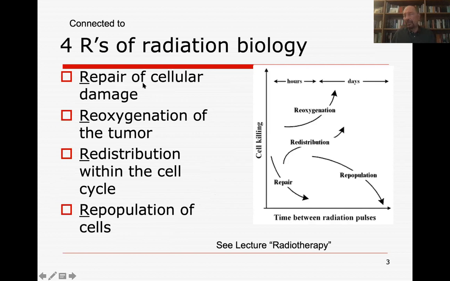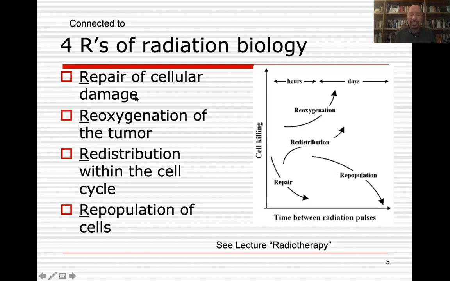Repair of cellular damage is the first R, so the fact that you can repair the damage, this we have seen in the DNA and chromosome studies. Reoxygenation of the tumor, we have seen something in the chemistry part, but this essentially means that if you fractionate the dose, the tumor can be reoxygenated and then becomes more sensitive. Redistribution within the cell cycle, which is now the cell cycle dependence, and repopulation of the cells.